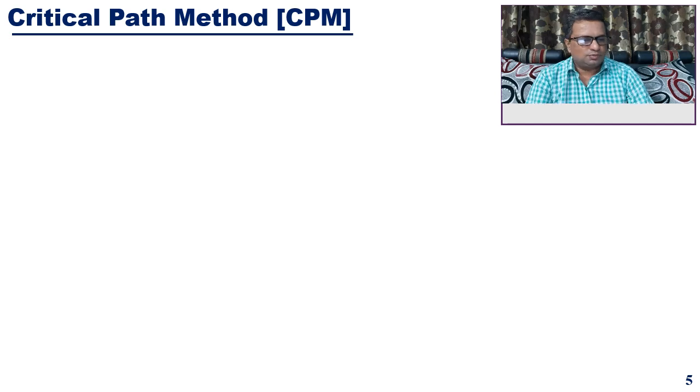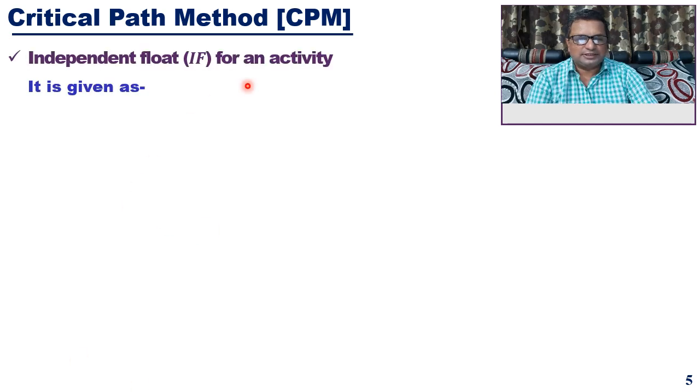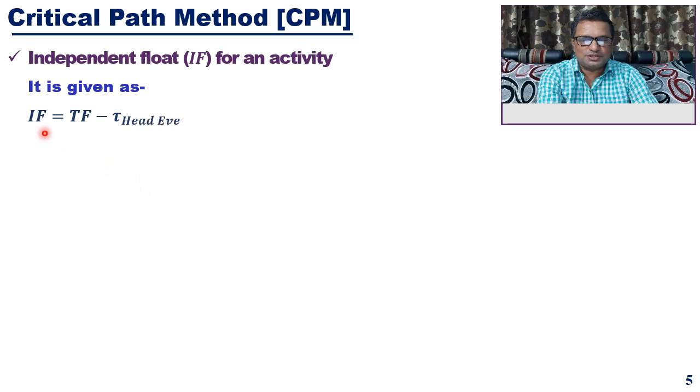So what is the example? With continuation from the previous slide, I am again writing the equation for independent float. The equation is independent float is equal to total float minus slack for head event minus slack for tail event.